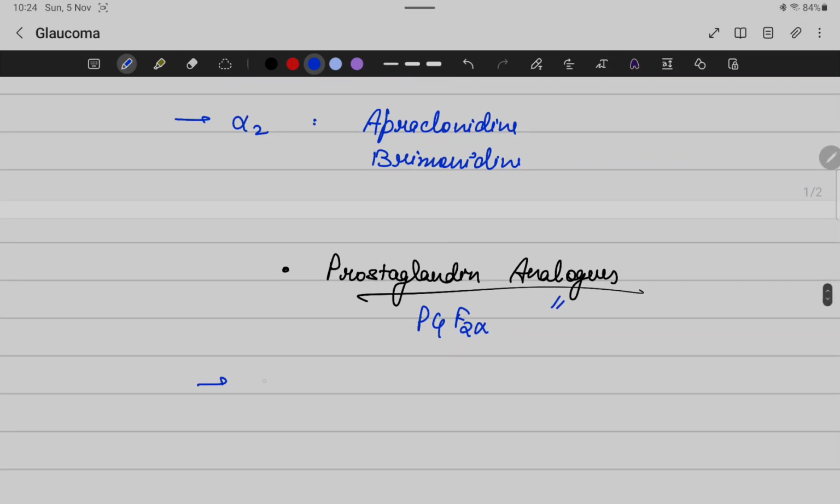The names end with the word prost for prostaglandin. So examples are latanoprost, travoprost, and bimatoprost.